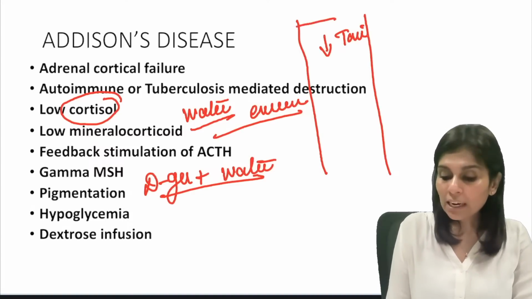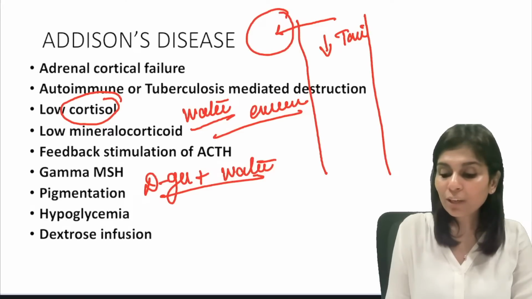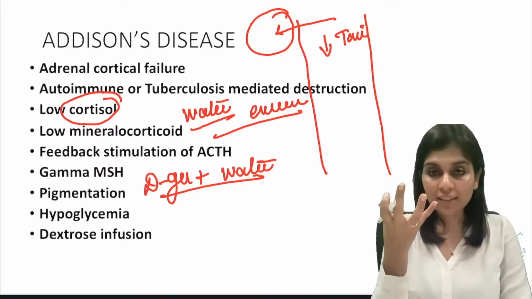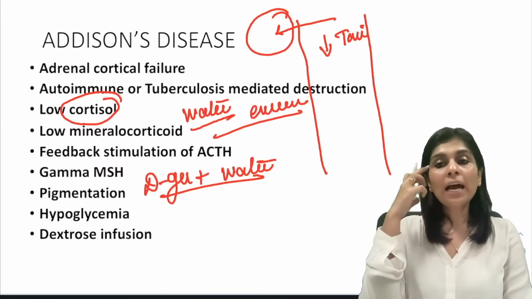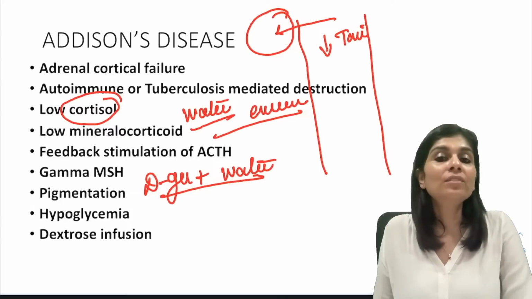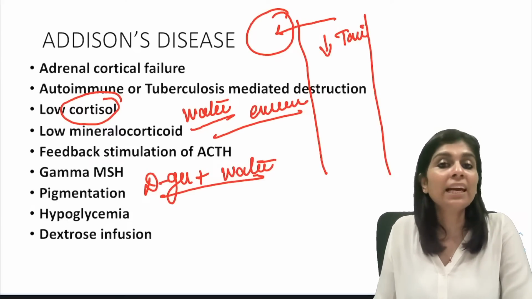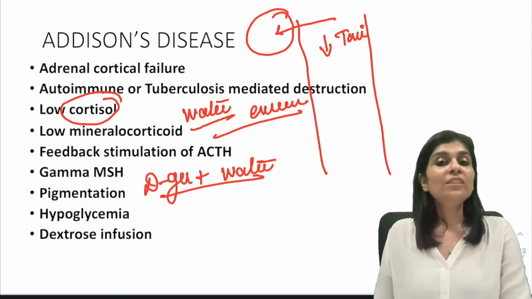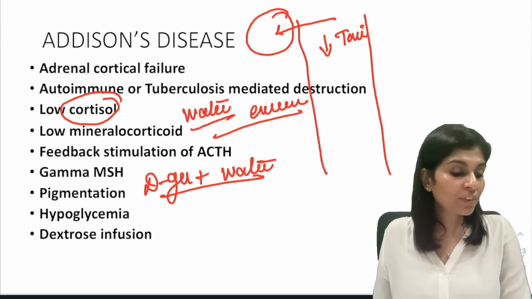So water will start moving from the circulation into the cells. This causes osmotic swelling of cells, and this swelling will happen in the hypothalamus. That causes thermostat disruption, and the body forgets all heat dissipating mechanisms. So the body temperature rises. This is called the dextrose fever of Addison's.